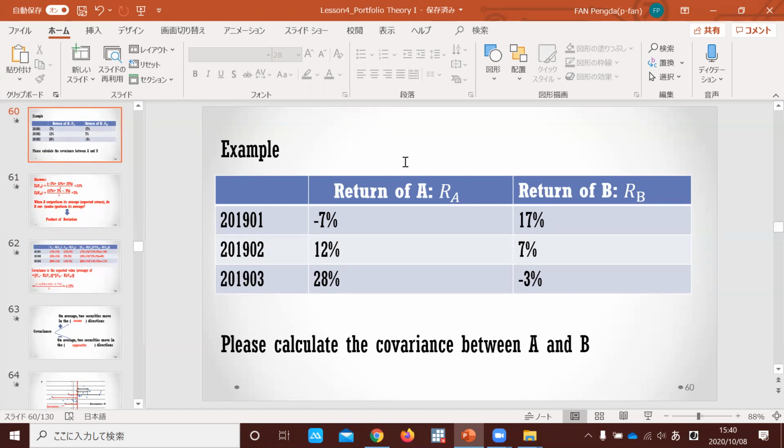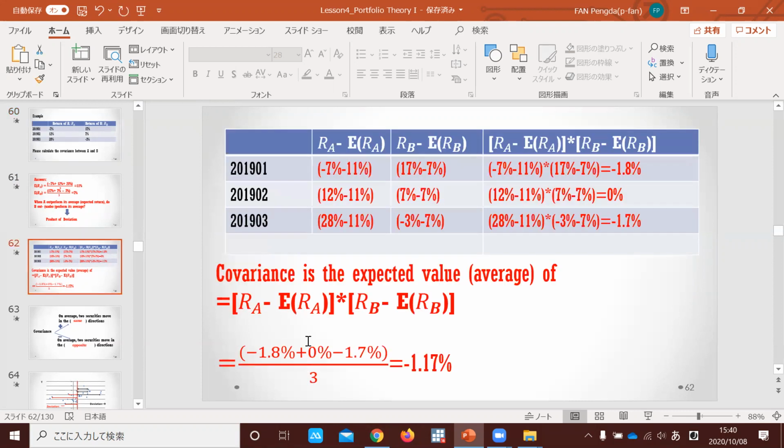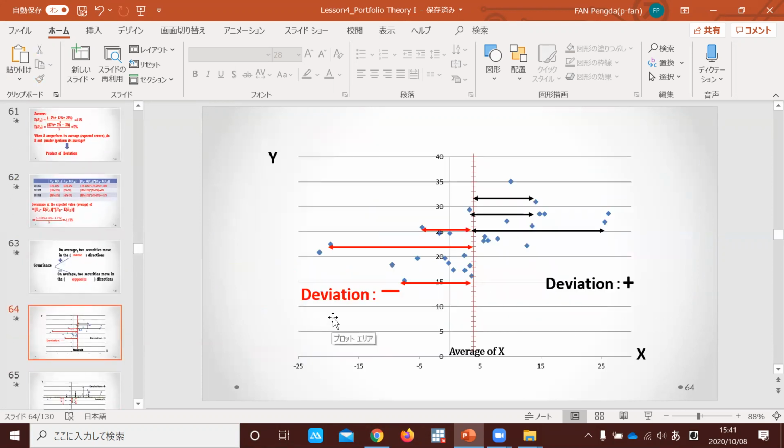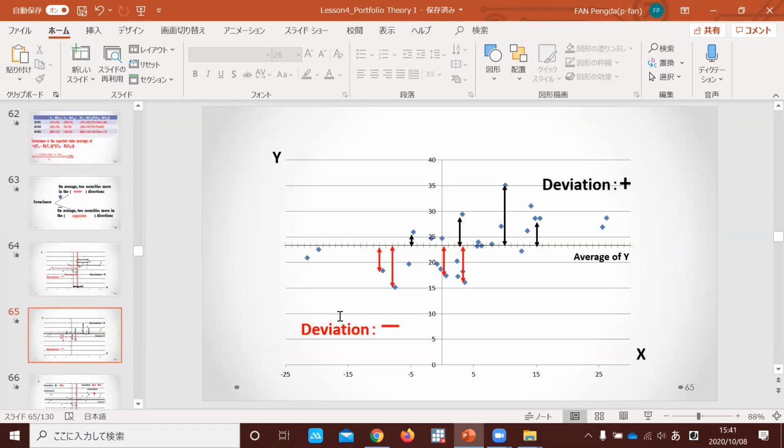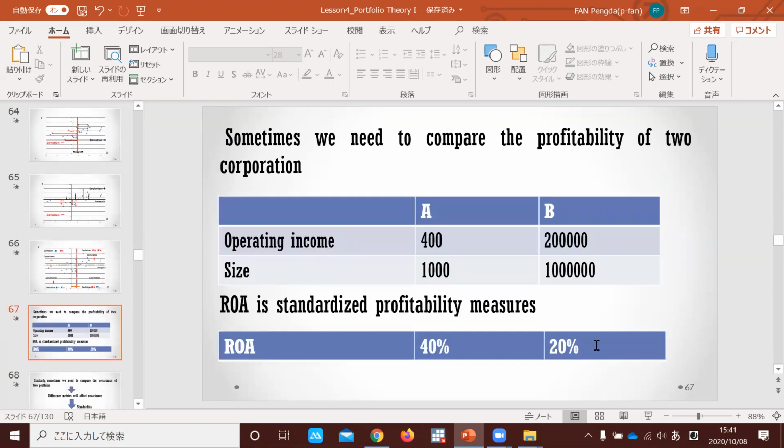So I think the numbers of the original data of A and B will affect the output of the covariance. Okay, and so in order to get a more direct sense about how big the co-movement is, we introduce the correlation. So this is quite similar to this logic.